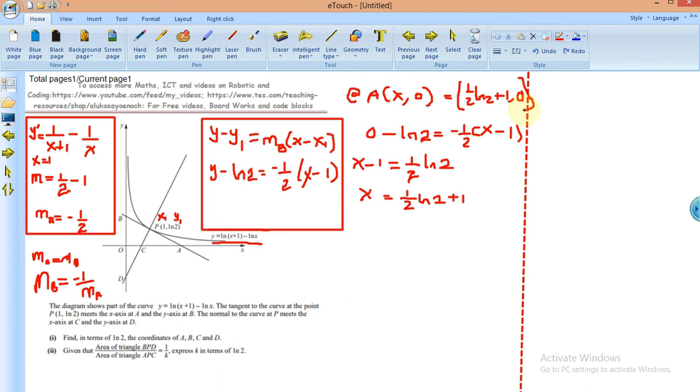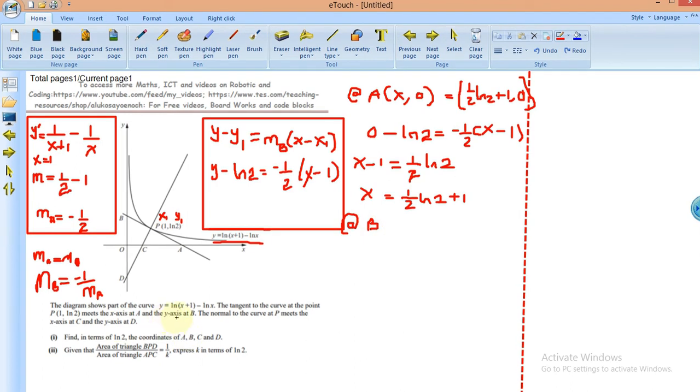I'm through with that. Now let's do the same thing for point B. At B, that is the y-intercept, because B is on the y-axis, a boundary point on the y-axis. On the y-axis, x will be 0, so that will be 0 comma y.